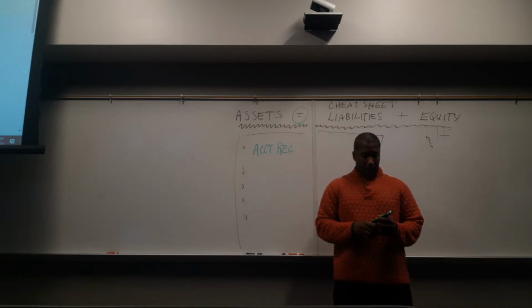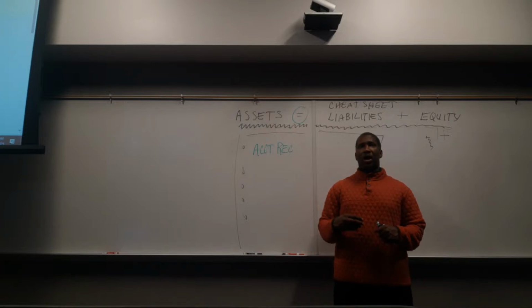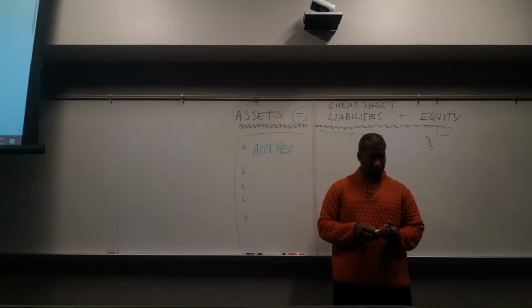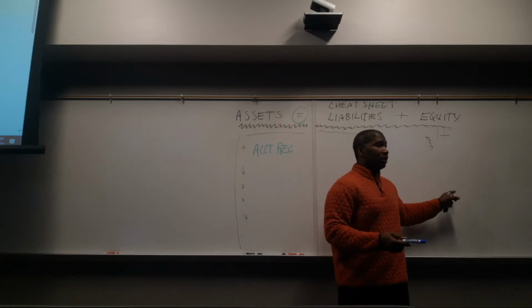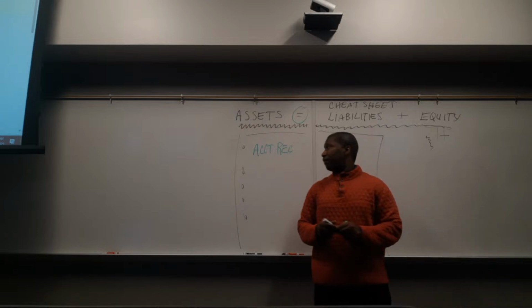Now, did we complete the job? We completed the job, right? So we earned some what? Revenue. How do we show an increase in revenues? How do we show an increase in equity? Makes sense how it all goes together? That's why we came over here first and did the income statement to show how it flows into there.